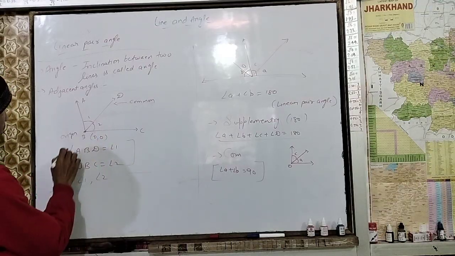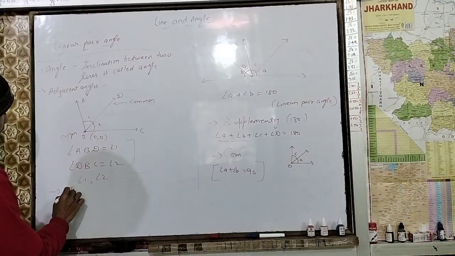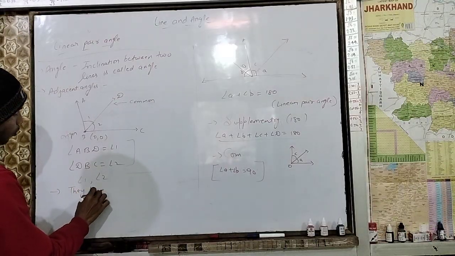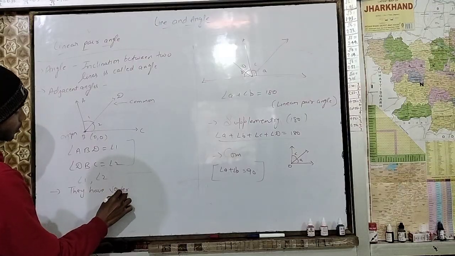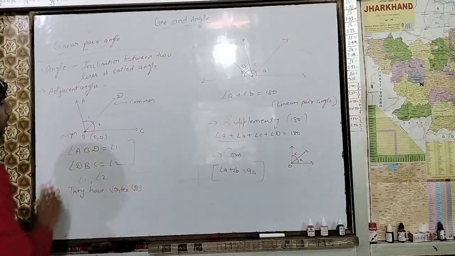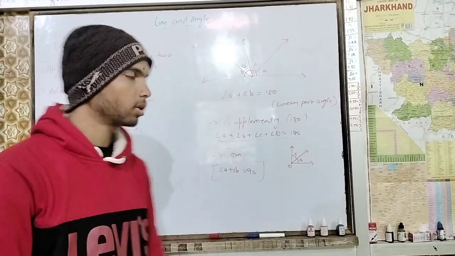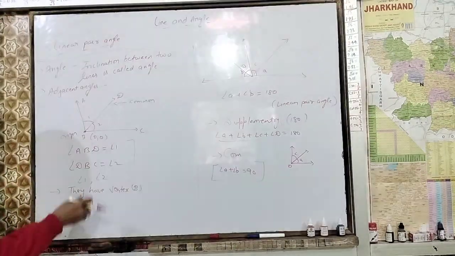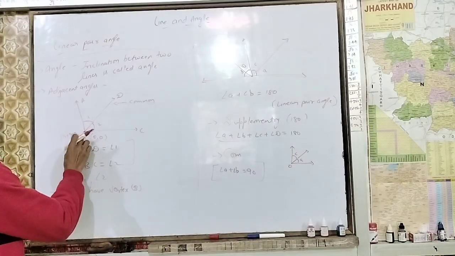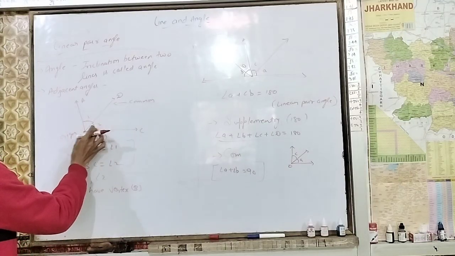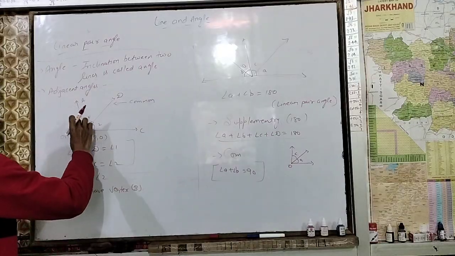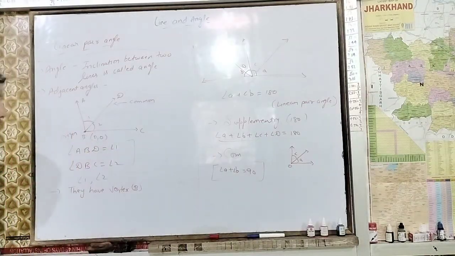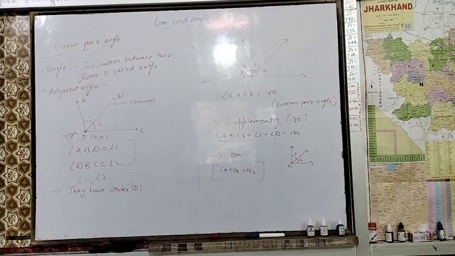Now they have vertex B. This B is known as a vertex point, vertex B. Remember, as we saw, B is common, so vertex B is also common over here. B is for this line, B is also for this C line, B is also for A. That's why it became a common vertex.